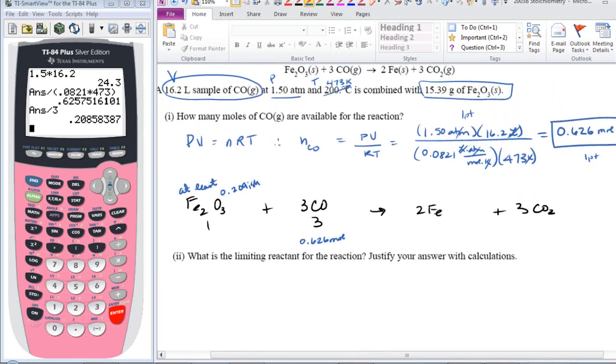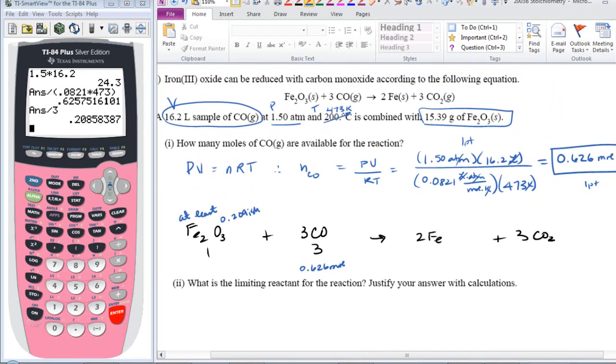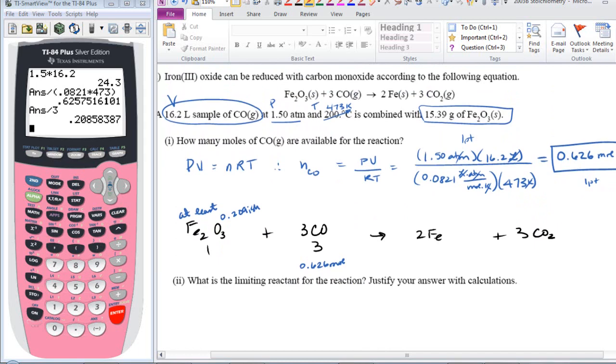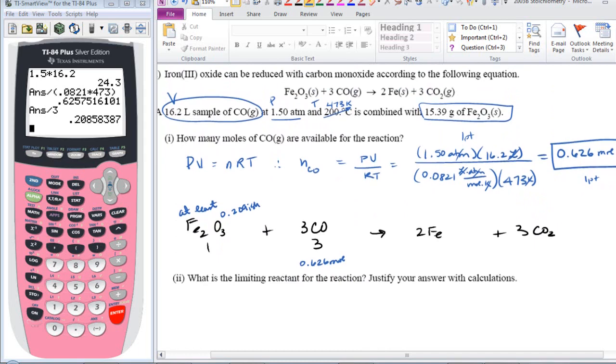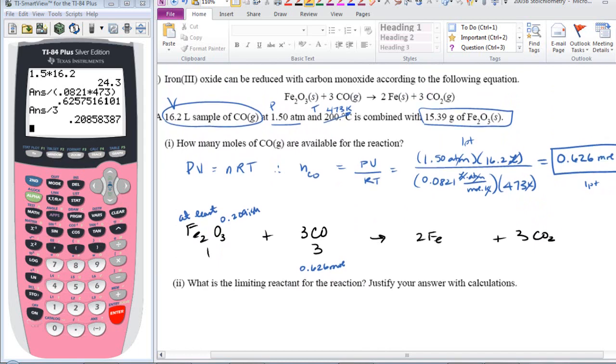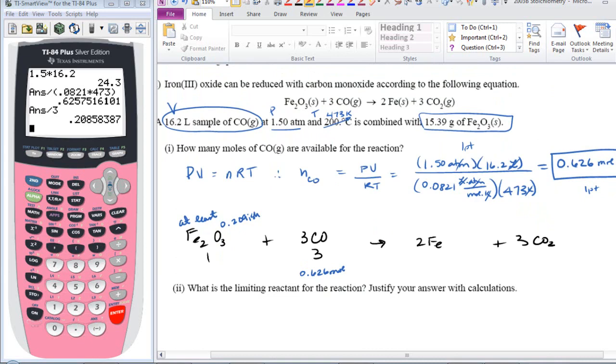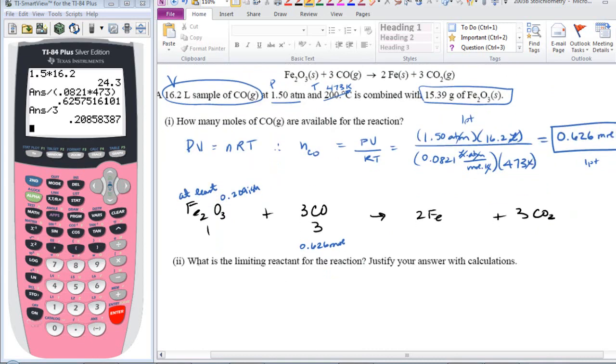So let's figure it out. How can I do this? Well, they gave me the amount, didn't they? Yeah, they gave me the combined in grams.